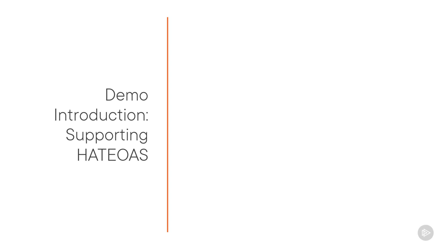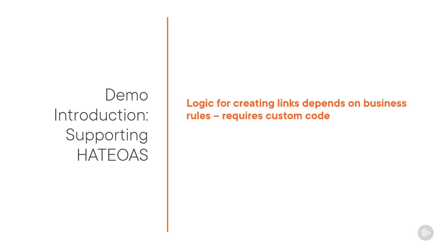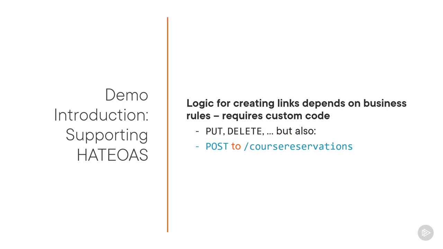In the upcoming demos, we will change our API so it adheres to the HATEOAS sub-constraint. But how are we going to implement this? The logic for creating the links can't just be automated, as it will depend on the business rules. For example, a course might contain links to update or delete, but also a link that's a post to course reservations, which only appears when some rules are met.